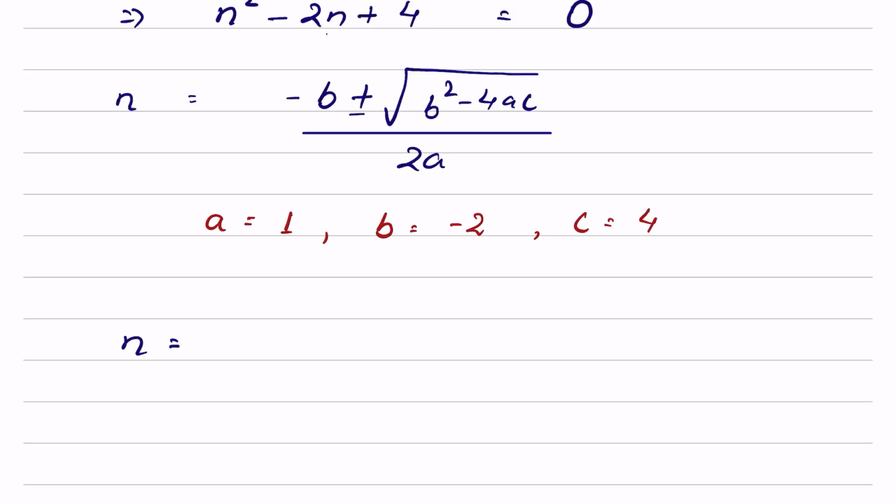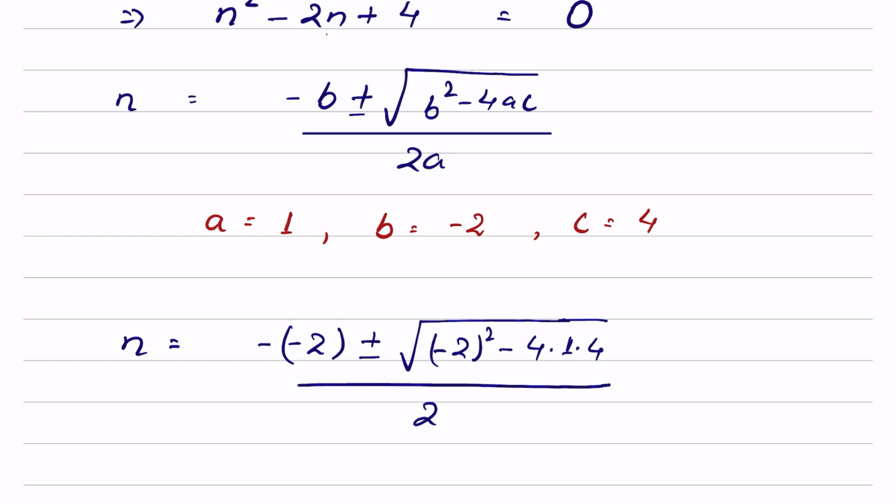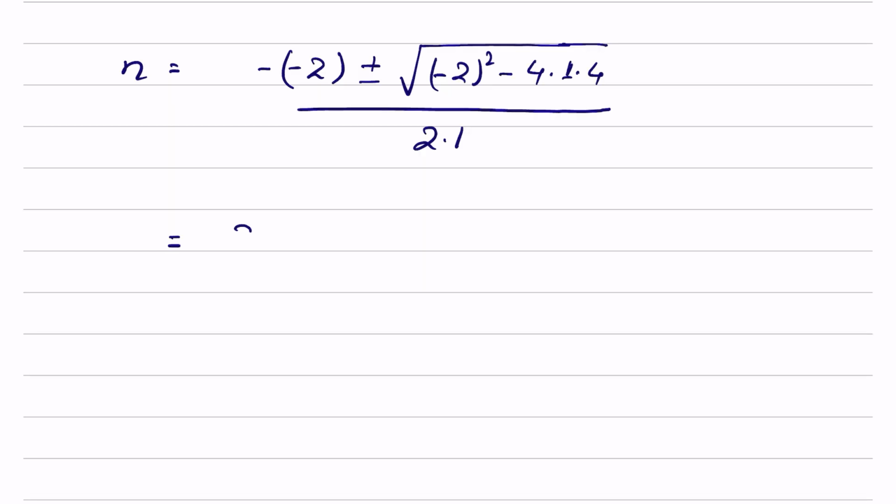Therefore n is equal to minus (minus 2) plus minus square root of (minus 2) square minus 4 times 1 times 4, upon 2 times 1.